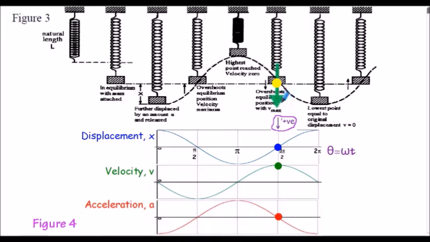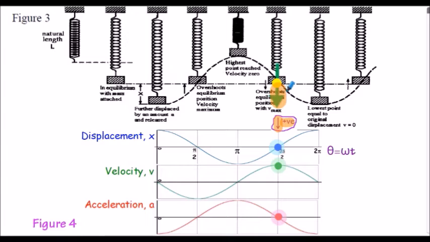Again, at the equilibrium position, the displacement x will again be 0. The velocity will actually be a maximum, considering the positive direction of the velocity to our sign convention. And again, at the equilibrium position, the acceleration will be 0.